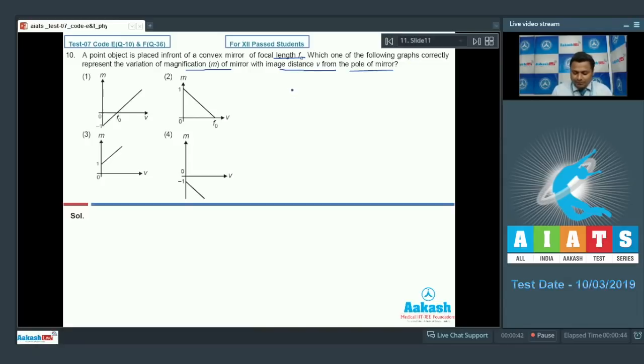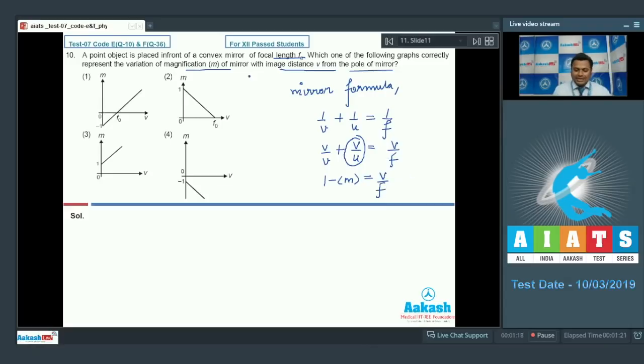According to mirror formula, we have 1 by v plus 1 by u equals 1 by f. Multiplying by v both sides, we get v by v plus v by u equals v by f. v by u for mirror will be the negative of magnification, that is minus m, equals v by f. Focal length is clearly mentioned f0, so we put f0 here.